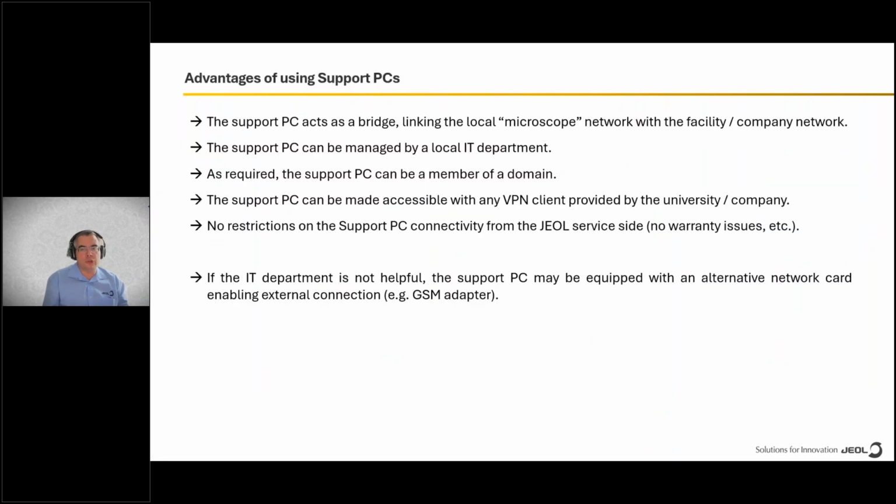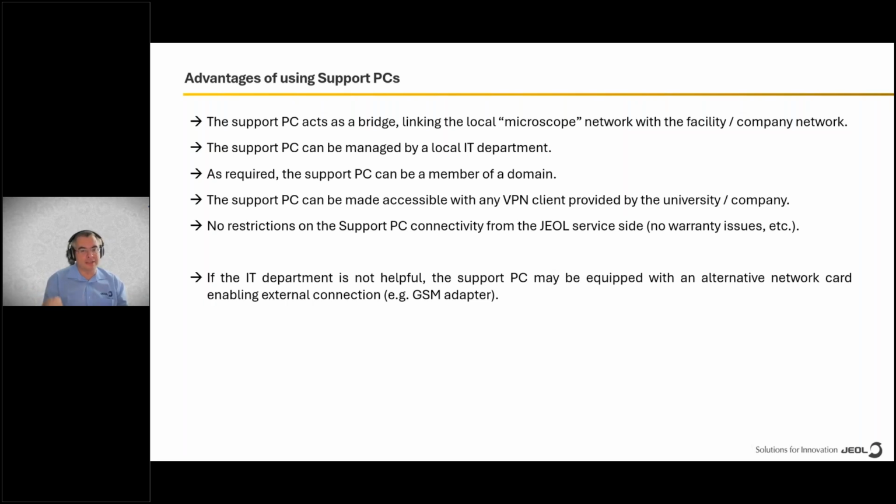You may want to use a VPN client provided by your local IT department. This is the case for many universities, which provide an additional piece of software to students and staff. This so-called VPN client allows staff to connect to the university network in a secure way from any other place on the planet.